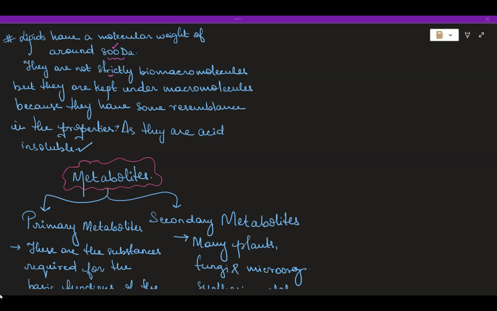Those metabolites that are needed to stay alive, directly involved in very important functions of life like growth, development, reproduction, are primary in nature. The ones that are not directly involved but have some function like defense or signaling, we call secondary metabolites. Understood?